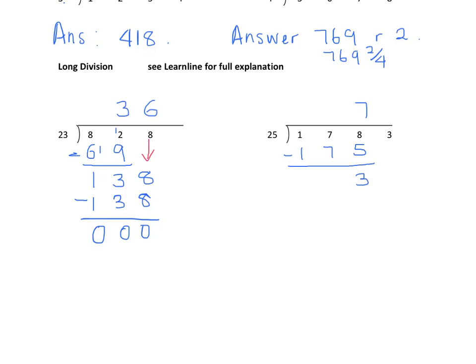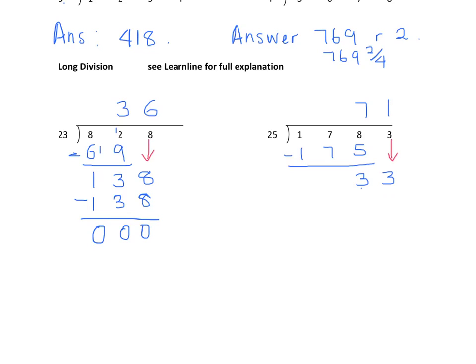Now we say, well, 25 doesn't divide into 3. We've got to bring down the 3 from the units column. Let's make that blue. It's supposed to be blue. And now we can say, how many 25s are there in 33? Well, that's an easy one. There is only 1.